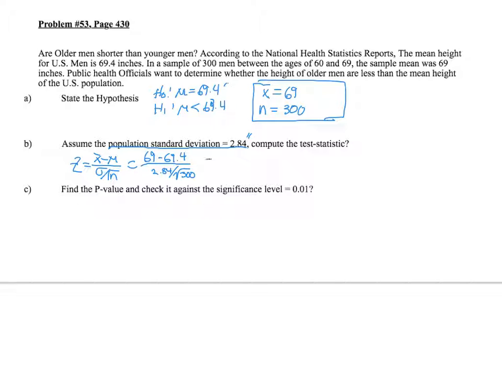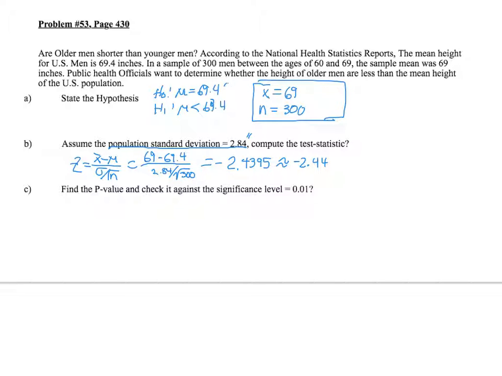When we do this by hand, we get negative 2.4395 about, which is approximately negative 2.44.